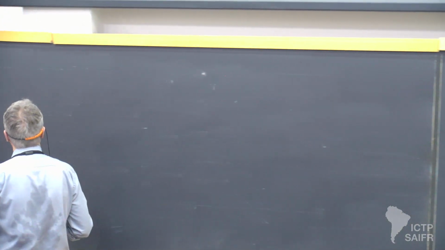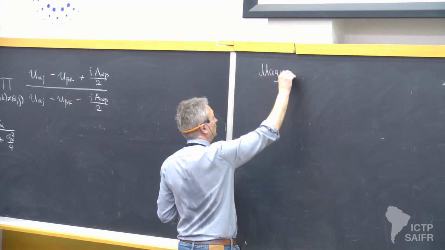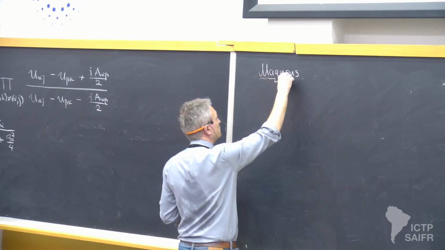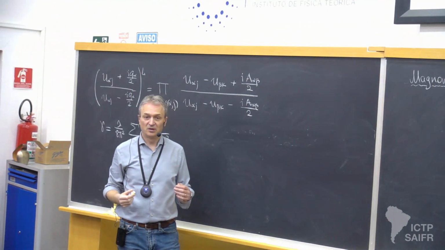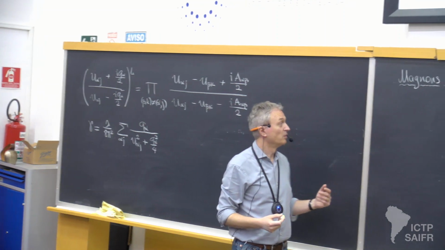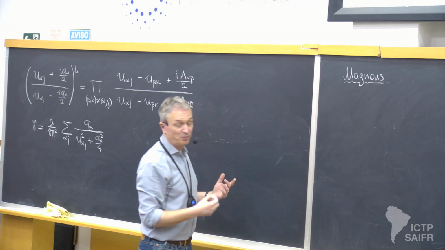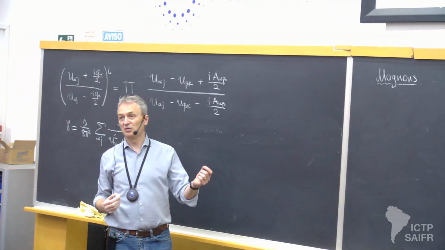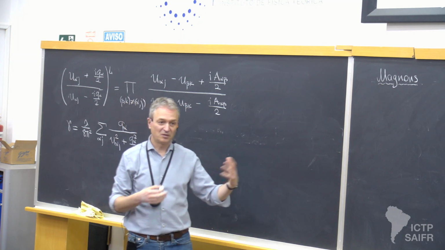So first, let me tell you what happens to the elementary excitations of the spin chain. Well, in perturbation theory, there are magnons of the Heisenberg spin chain, dressed by other symmetries.